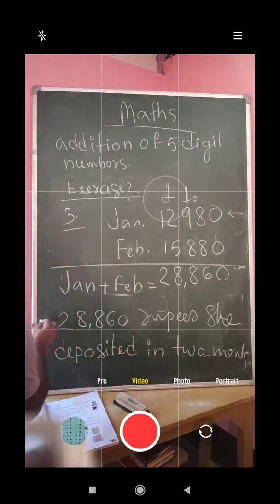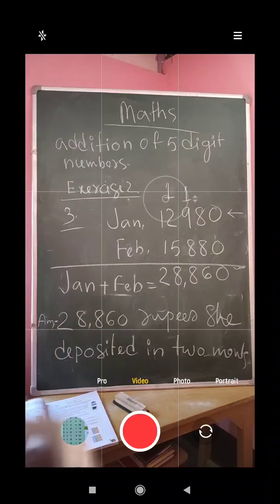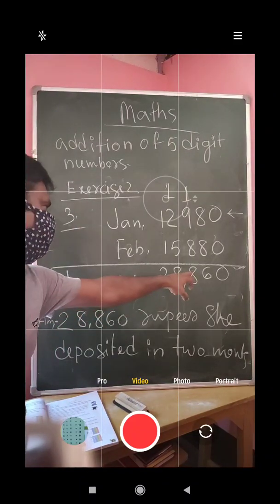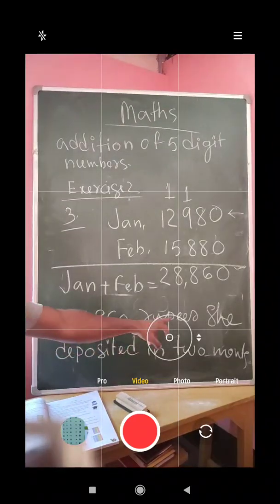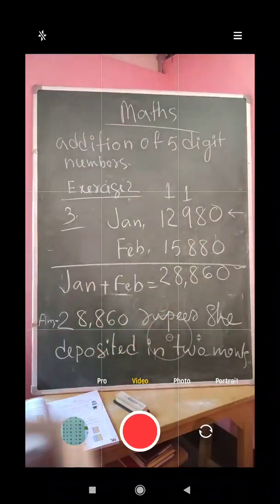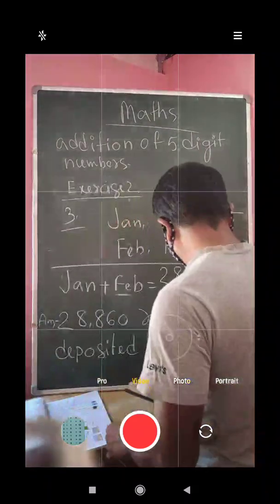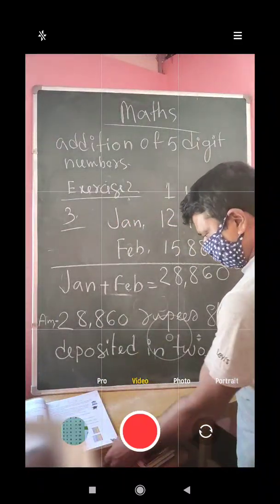You can write the answer like this. Okay, so January plus February, 28860. So you'll have to write in the answer, 28,860 rupees she deposited in 2 months. So this is how we have to do. Okay, now we will see number 4.